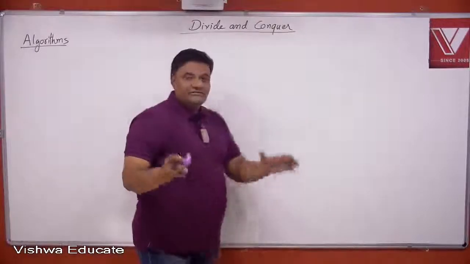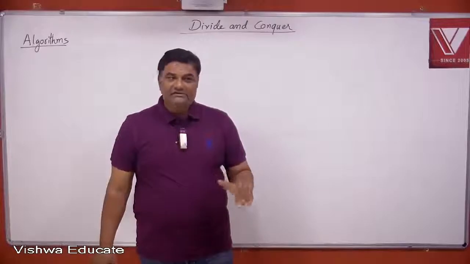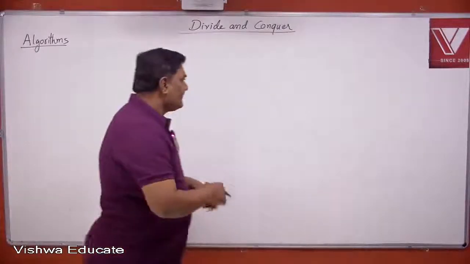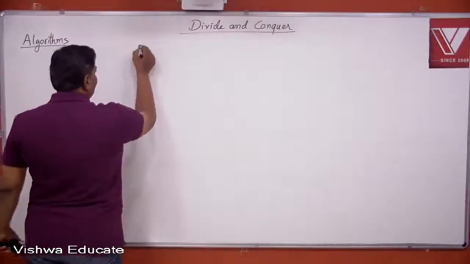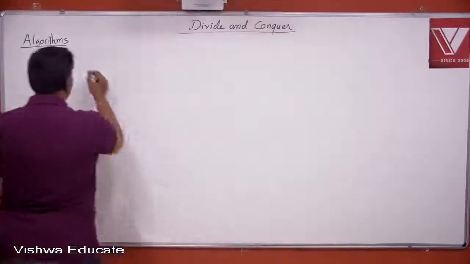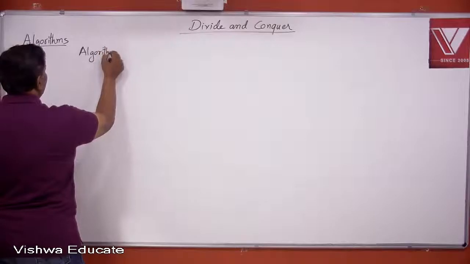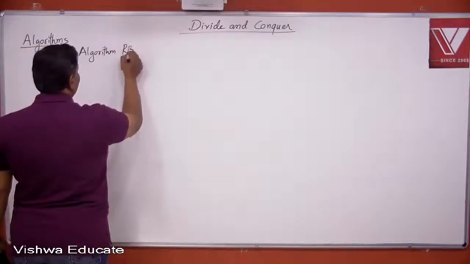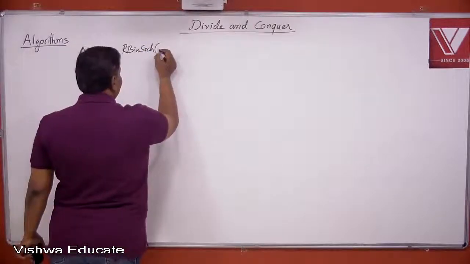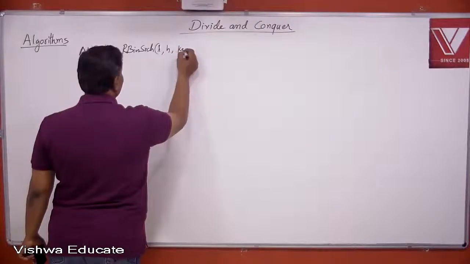We have understood what is divide and conquer. We are in the topic of divide and conquer, right? And the topics that we have to study, we already know. Now, I will write down a binary search algorithm. Algorithm for binary search, which is taking low, high and key.